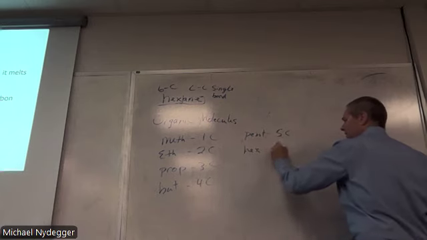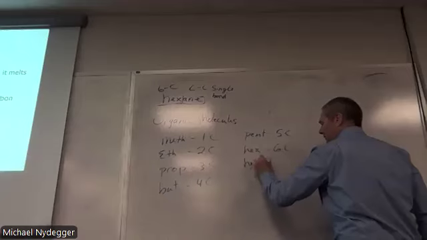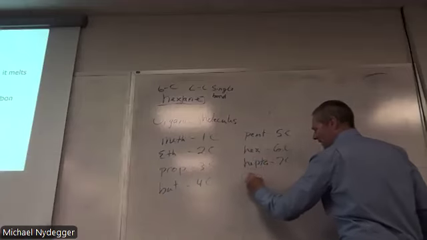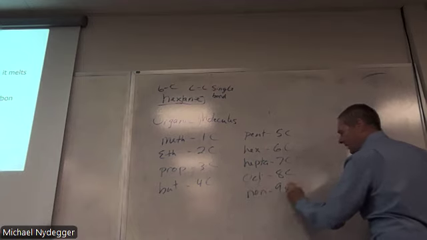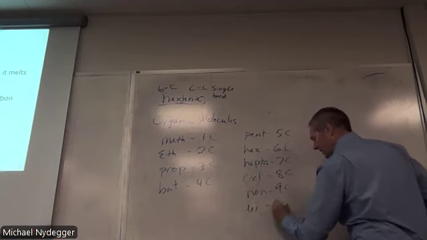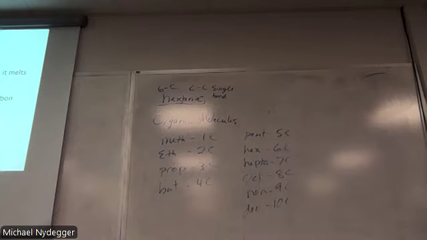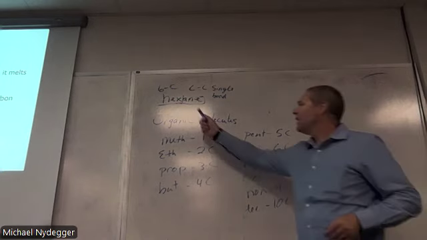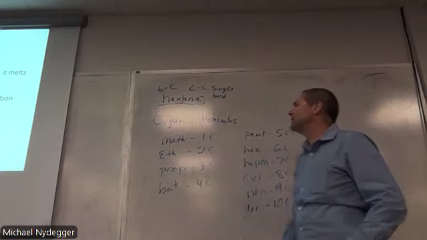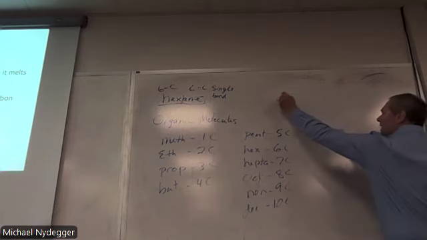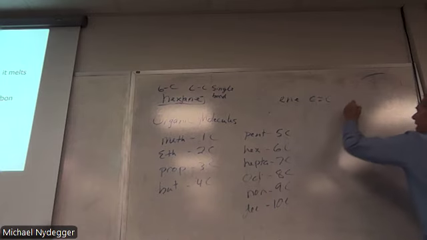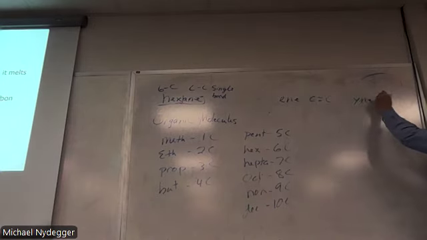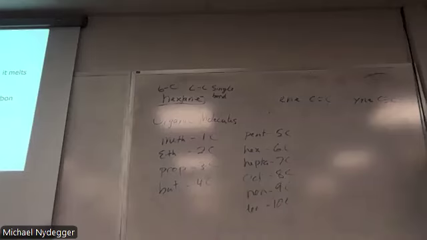Hex is 6 carbons. Hept is 7 carbons. Oct is 8 carbons. Non is 9 carbons. Dec is 10 carbons. Undec is 11 carbons. Dodec is 12 carbons. On and on and on. If you have an ane back here, that simply means single bond. Ene is a carbon-carbon double bond, and yne is a carbon-carbon triple bond.